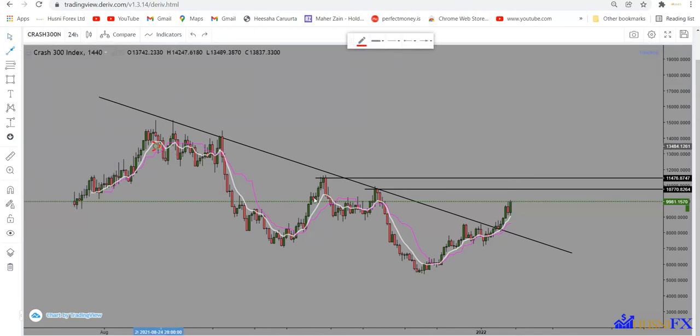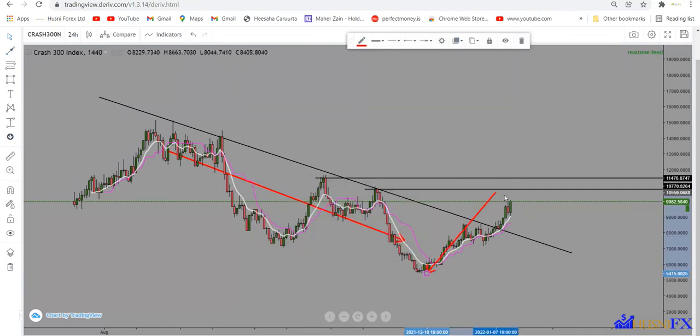Number one, we found that the market was in the previous downtrend, and right now we can see that Crash300 is in an uptrend.